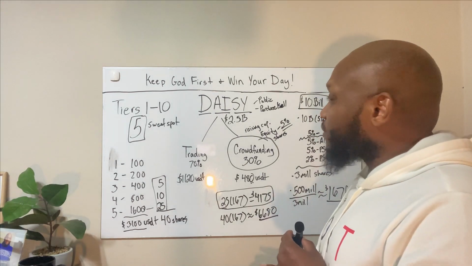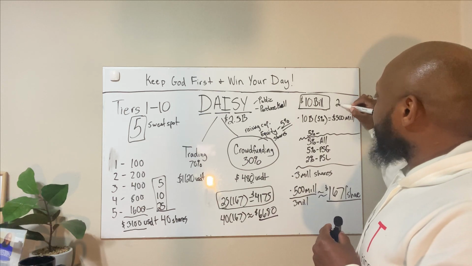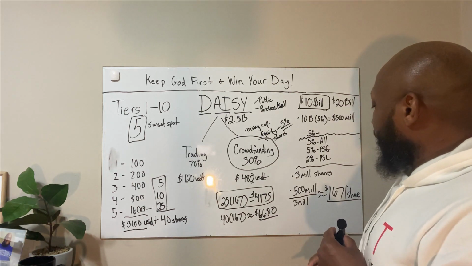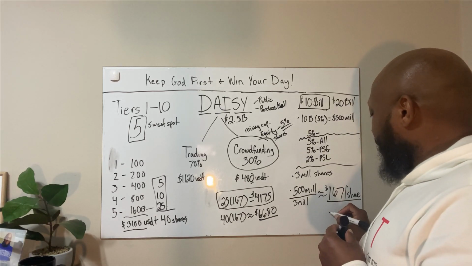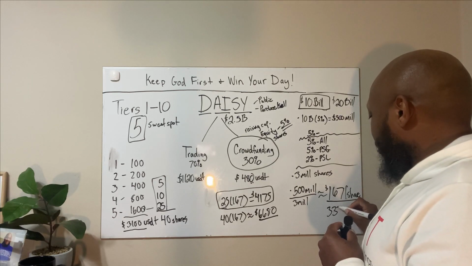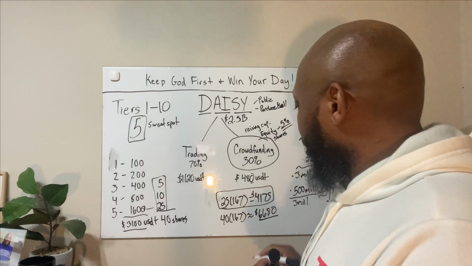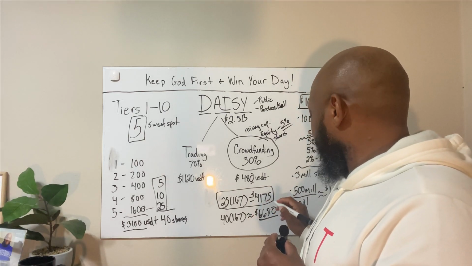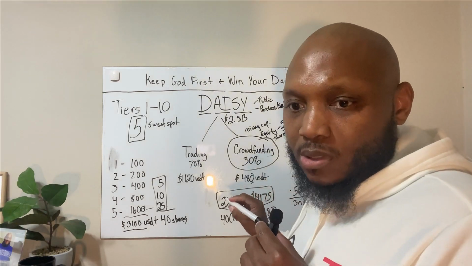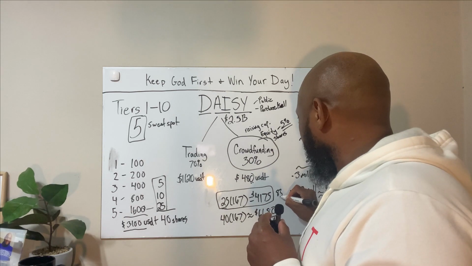So now what's interesting about numbers is that if this was a valuation of $20 billion, okay, now based off of everything in the calculations, you're looking at about $333 per share. And now for tier five, that comes out to be, what's that, 8,300 approximately, 8,325.